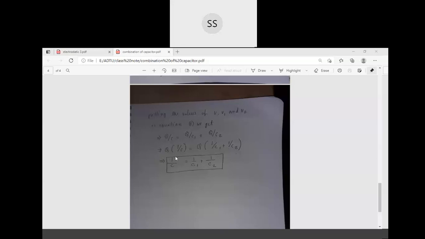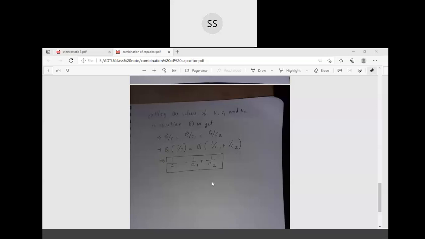See, the capacitors are connected in series, right? So we have to use this equation. Put here the value of the first capacitance, 6, right? So here 1 by 6. Here the second capacitor is 3, so 1 by 3. What is the LCM of 6 and 3? It is 6, right?